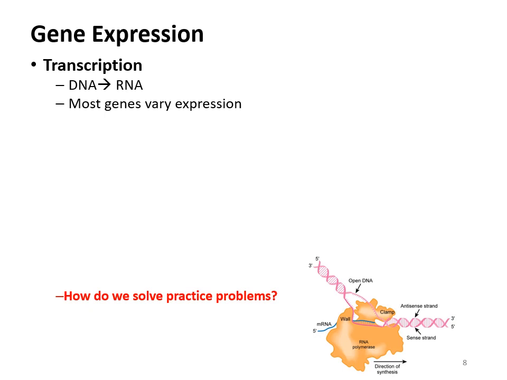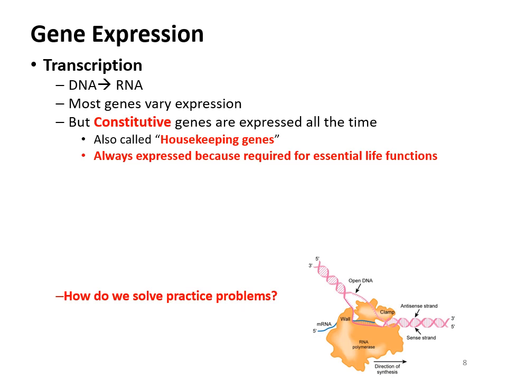Now there are some genes that are always active. We call these constitutive or housekeeping genes. So circle those terms, constitutive and housekeeping genes. They mean the same thing. They simply mean that a gene is always active, okay? So it's always being expressed. These are basically genes and products that are needed for processes that are always occurring in a cell.